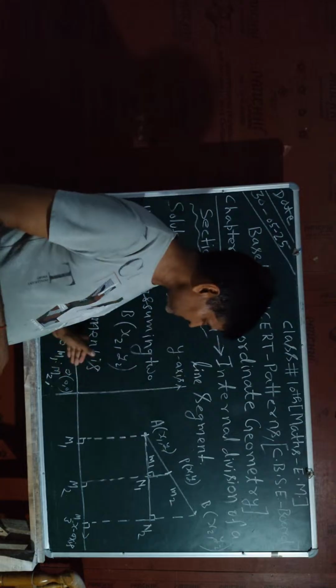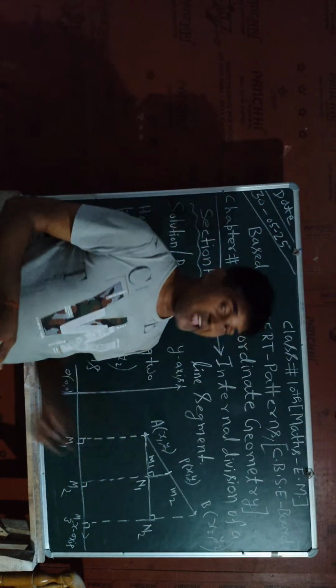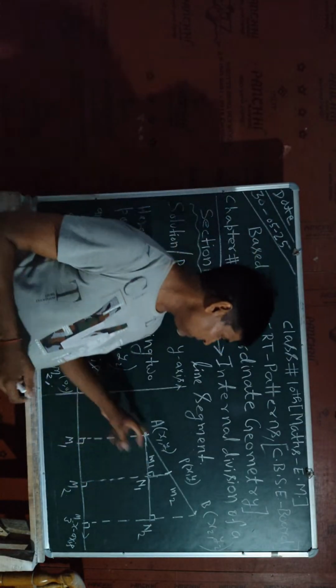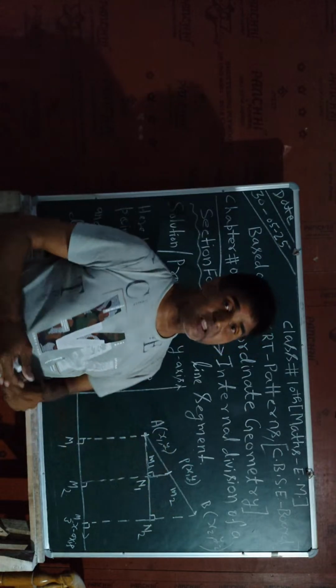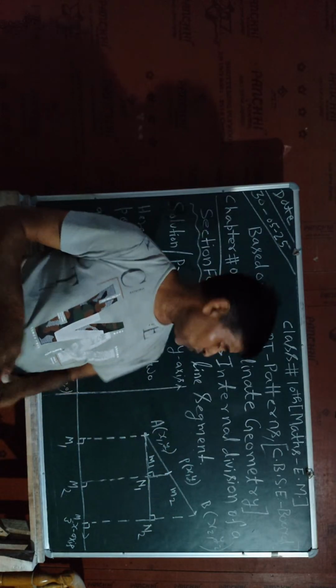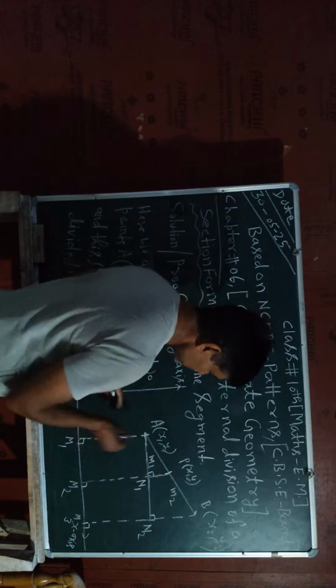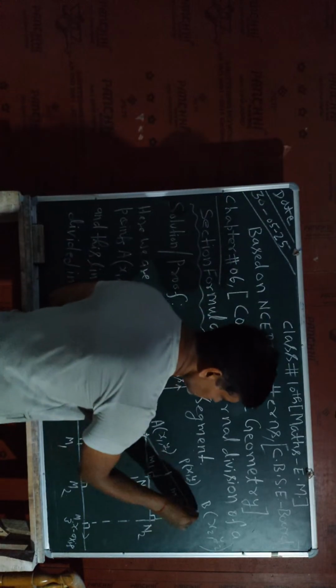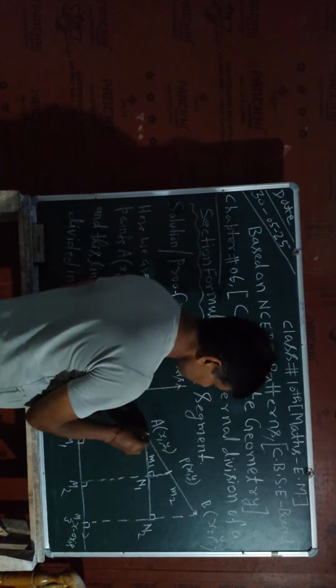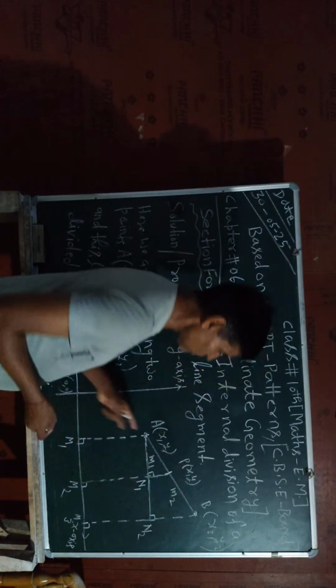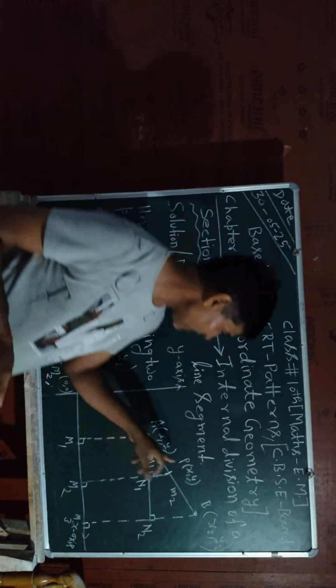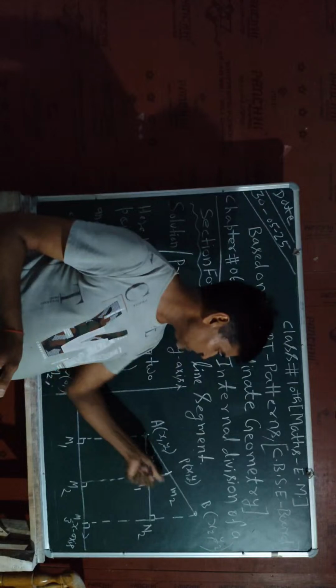this is the y-axis and this is the x-axis, and I have taken a line segment AB. This is the line segment because a line segment has two endpoints. So one point is A and the other point is B. Now the line segment is divided by P in the ratio M1 is to M2.